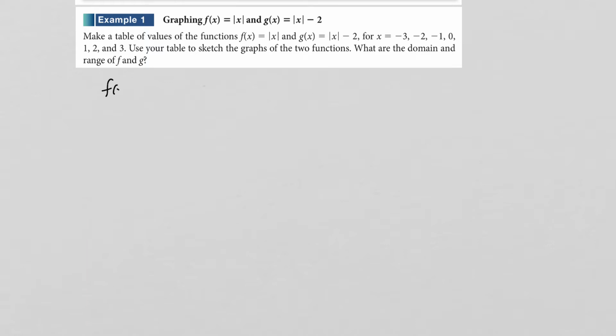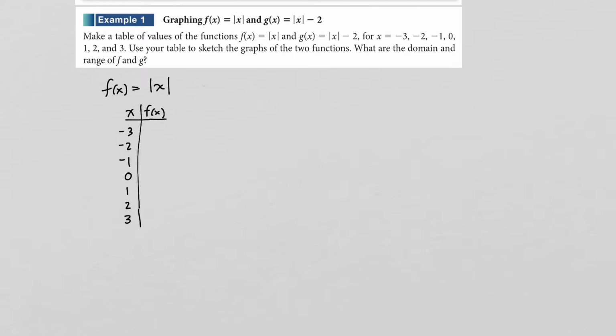For the function f of x equals the absolute value of x, we're going to make a table of values, and the x values I'm going to choose here are going to be x equals -3, -2, -1, 0, 1, 2, and 3. And you don't necessarily have to graph this many points for this function, but we'll go ahead and go with what they asked us to do here.